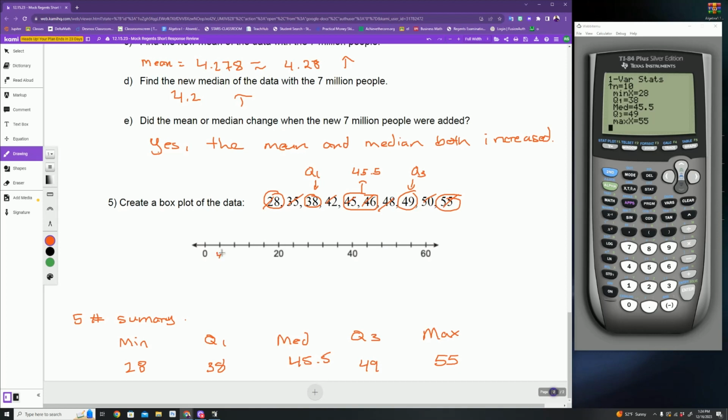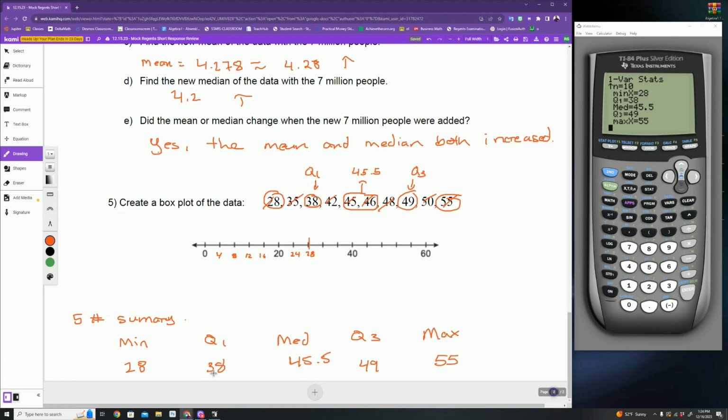If it helps you, you can also write them in. 4, 8, 12, 16, 20, and then it keeps going on up. So 28 will be, so this is 20, 24, this is 28 right here. I'm going to put a line on 28. That's going to be my minimum.